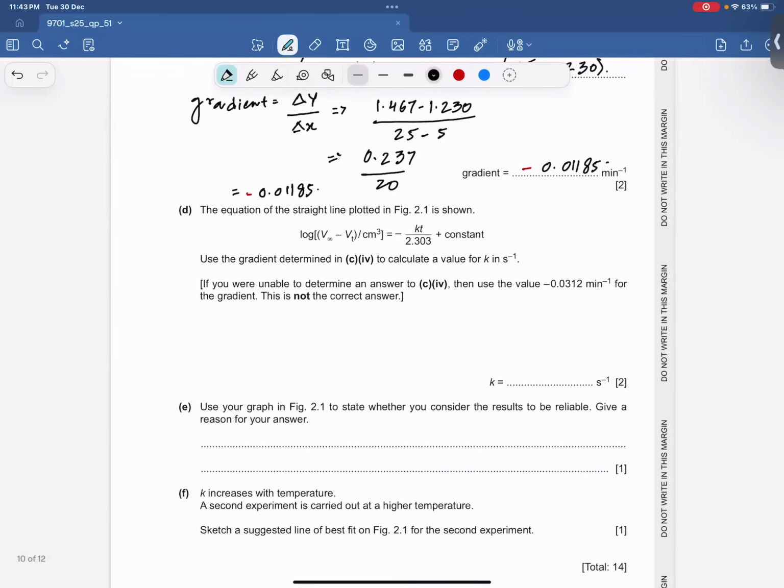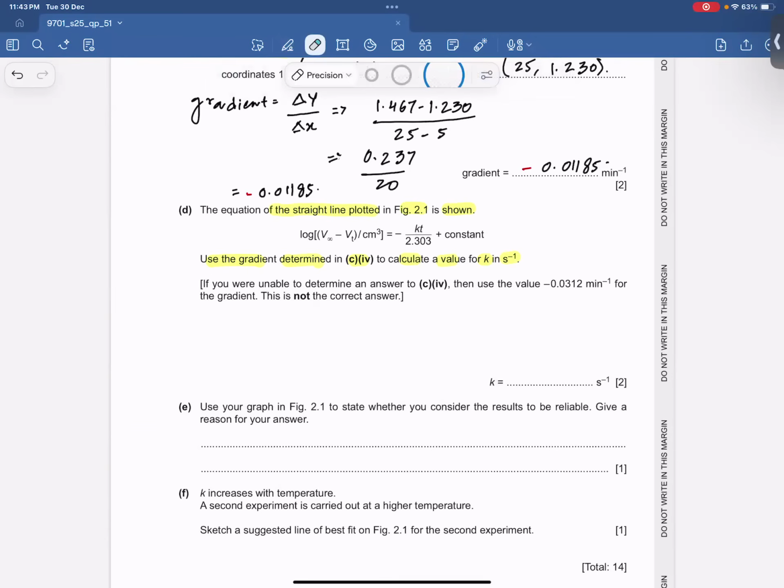The equation of the straight line plotted in figure 2.1 is shown. Use the gradient determined to calculate a value of the velocity constant or rate constant in per second.